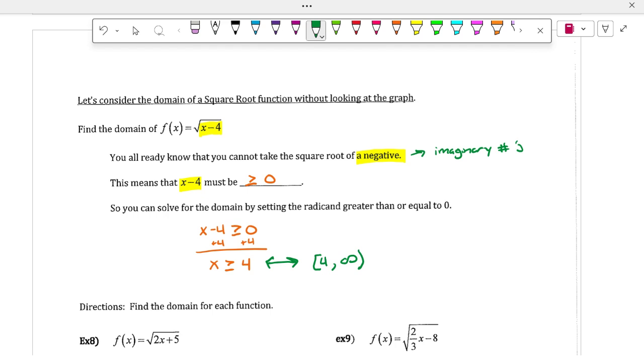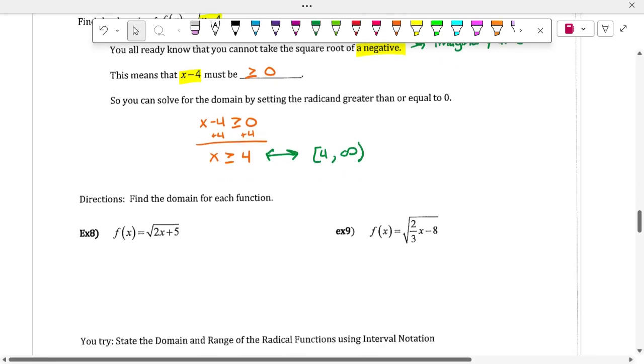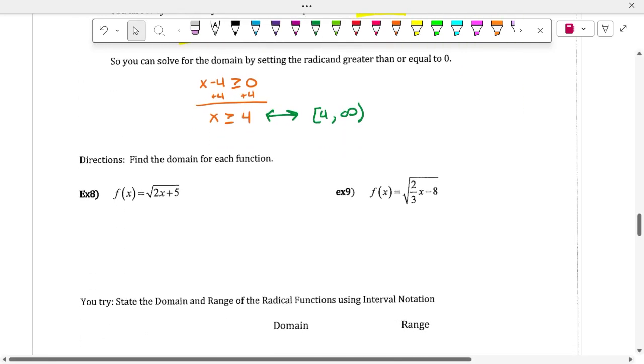But if it doesn't ask, I don't care which way you give it to me. All you got to do to find the domain is set that number under the radical equal to 0. Now, the range is really easy, which we'll talk about in just a second. For right now, we're just worrying about the domain.